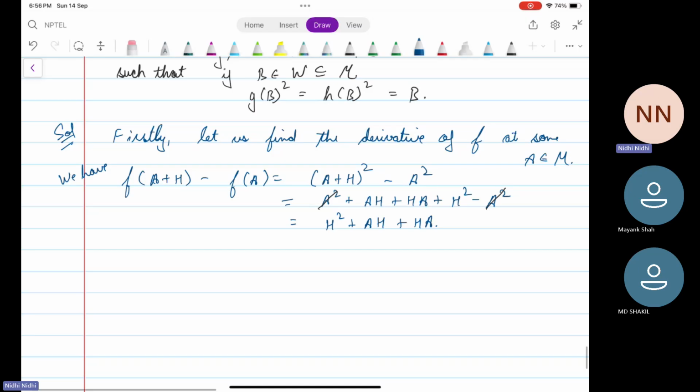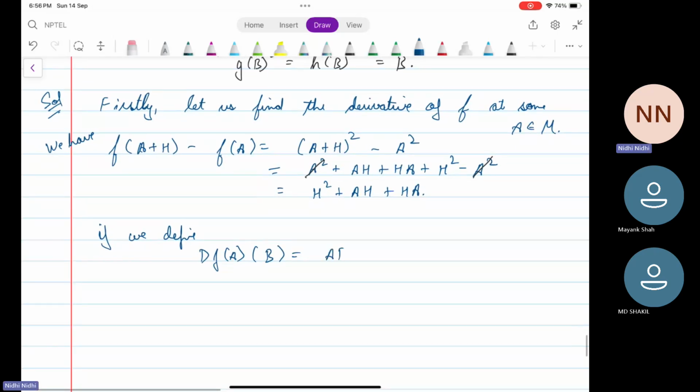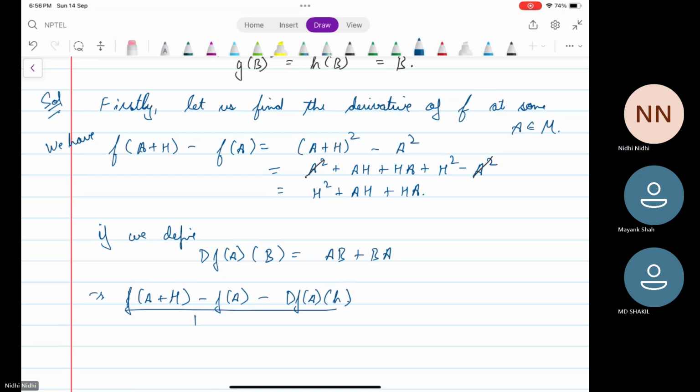Now if we define dfA at any point B to be just AB plus BA, then we'll get f(A plus H) minus f(A) minus dfA at H upon norm H.